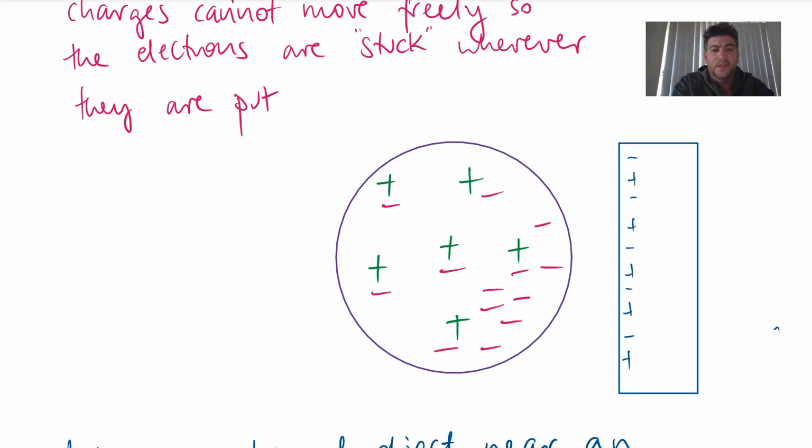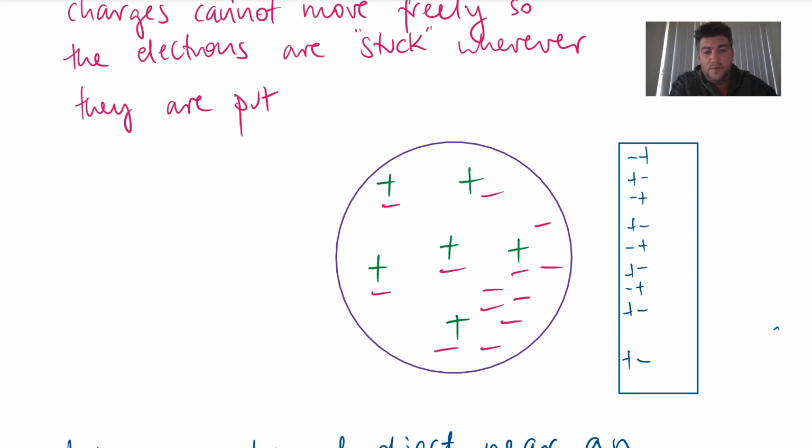Now, when I bring this near here, what we're actually going to do is interact with this surface layer. Just because it's a solid object and the charges can't move, it doesn't mean that in its own structure these two can't flip if the charges over here entice them to. In this case, we have negative stuff here and negative stuff here.